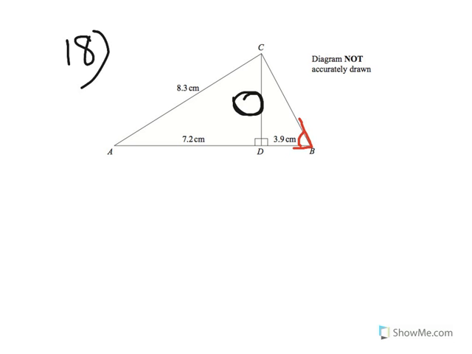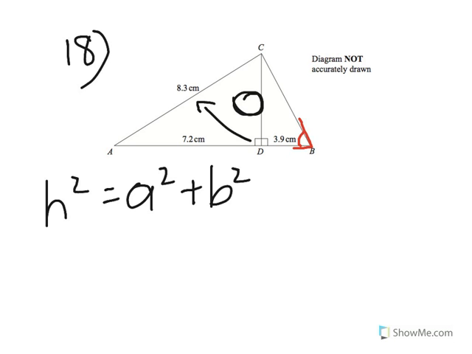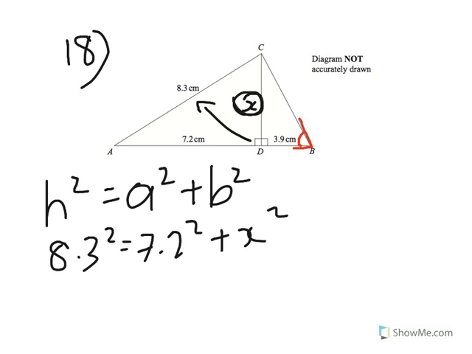It's nothing but Pythagoras' theorem. If you remember your Pythagoras' theorem, hypotenuse squared is equal to the other sides squared and added together, so a squared plus b squared. And the hypotenuse is the side opposite the right angle. So 8.3 squared is equal to, let's call this side x, 7.2 squared plus x squared.